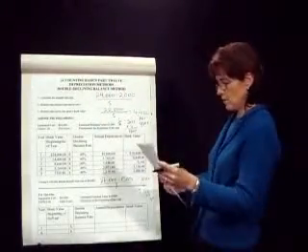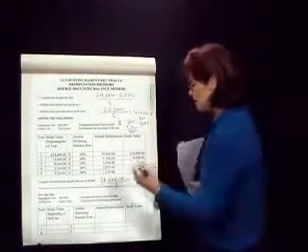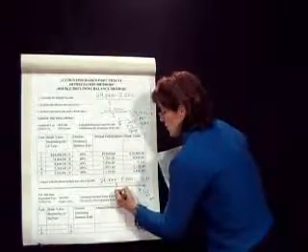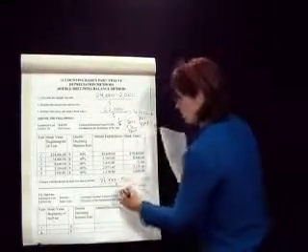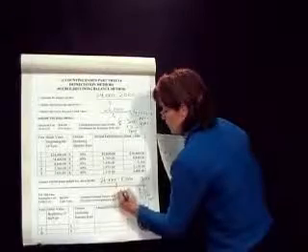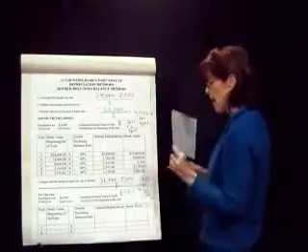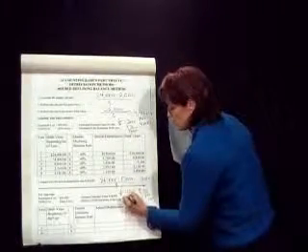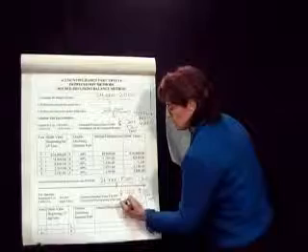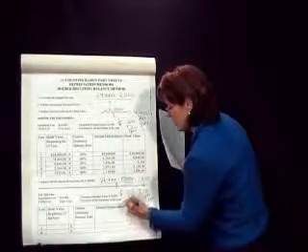This was an 8-year asset, so we would be taking 1/8 per year. We take 1/8, we get 12.5% per year. However, don't round it, multiply it by 2, and you get 25%.